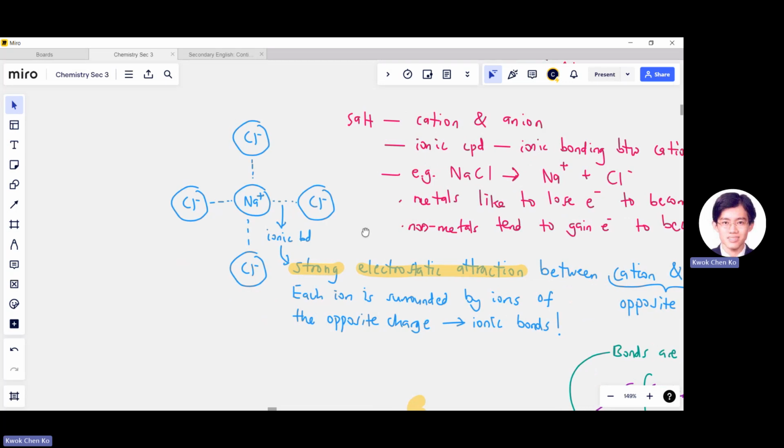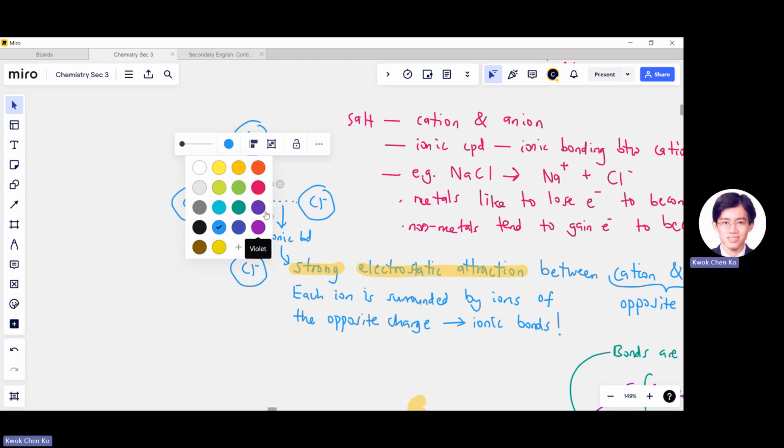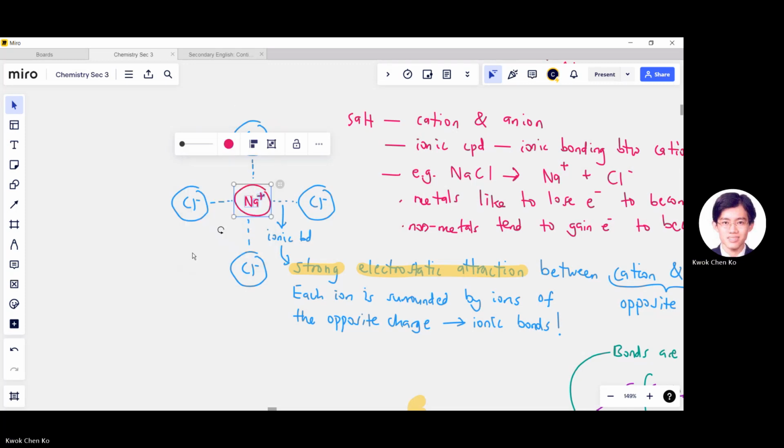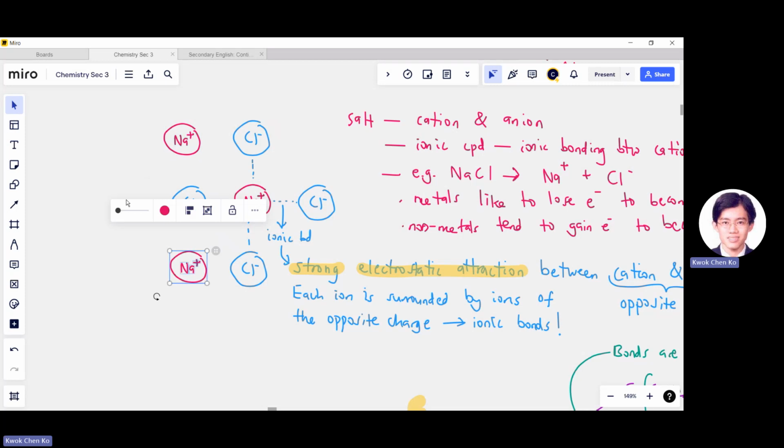Okay, so keep this model in mind. Now, guess what? My chloride is not alone either. It's also surrounded by sodium here, sodium here, sodium here.